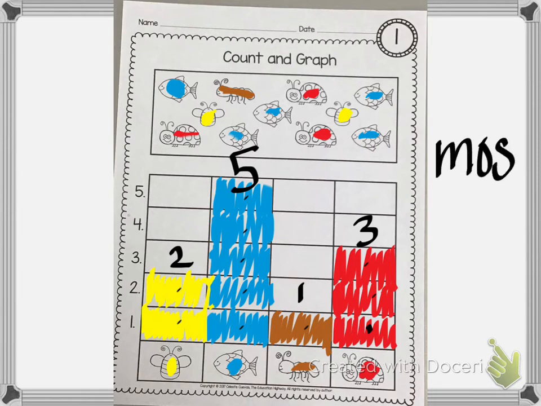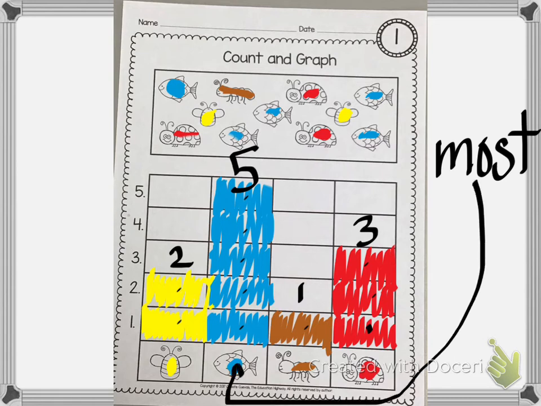Most, the word most, that means the biggest. So which one has the most? Yeah, the fish. Look, the fish, because its line goes all the way up to the 5. See that?